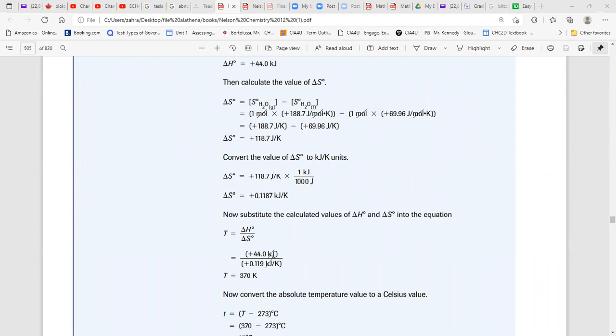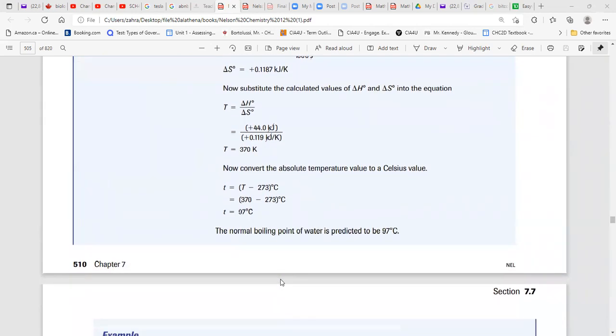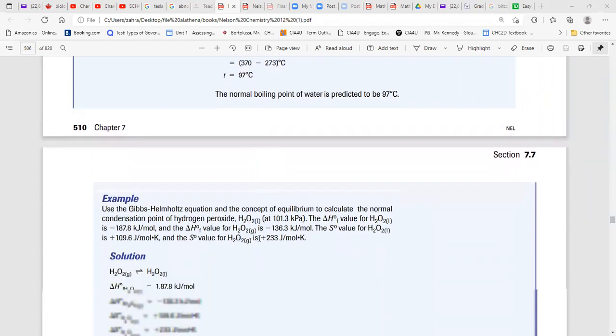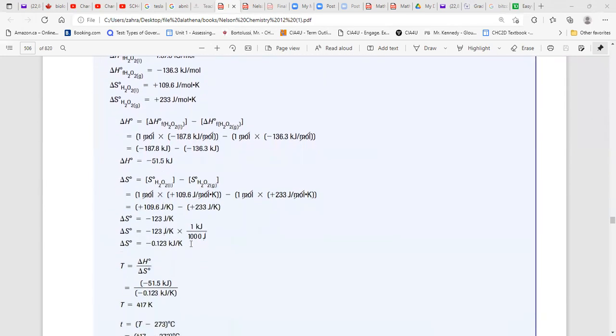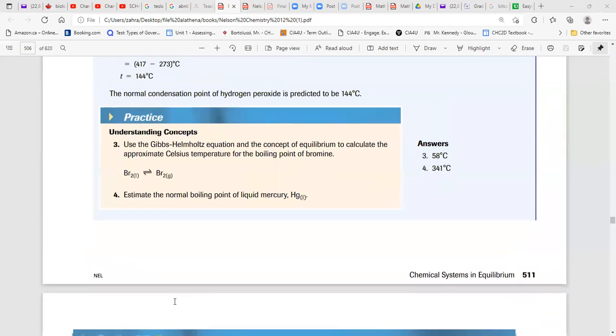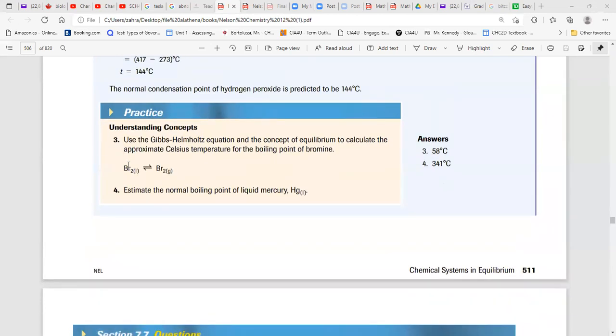Then delta H divided by delta S. The temperature is 370 Kelvin. We can convert it into Celsius, so T in Celsius is T minus 273, and with the 370 we got, the temperature in Celsius is 97 degrees. That would be the same thing, just finding the temperature. You can practice question number 3 and question number 4.